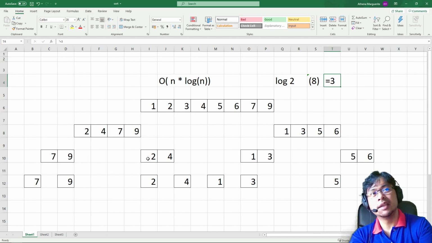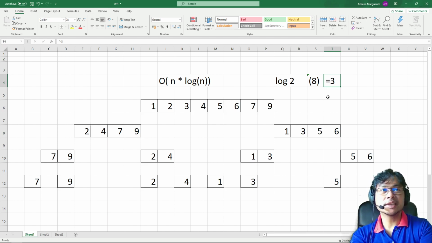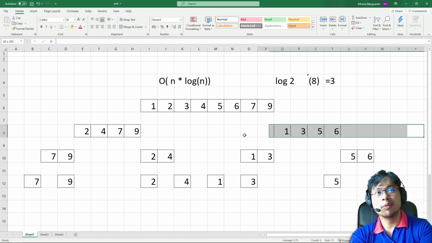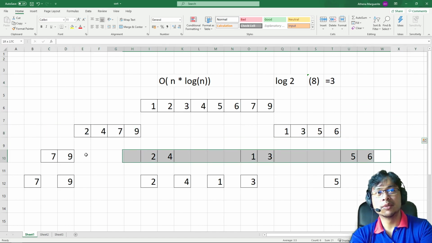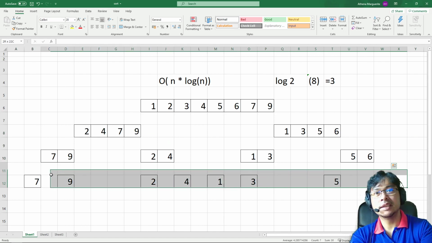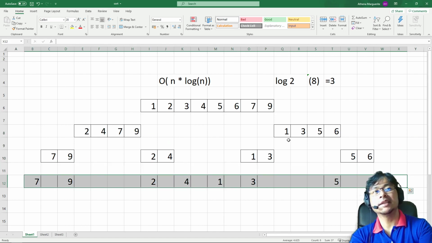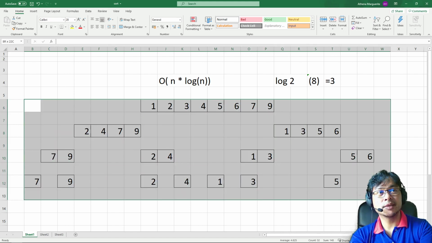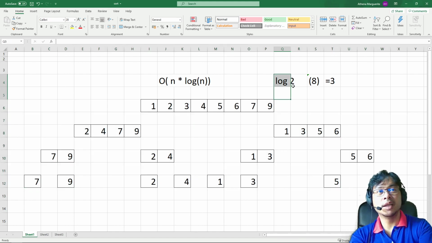If you count how many levels of split happened: 1, 2, and 3. That is the complexity of the algorithm based on the computation of log base 2 of n, or log of n.